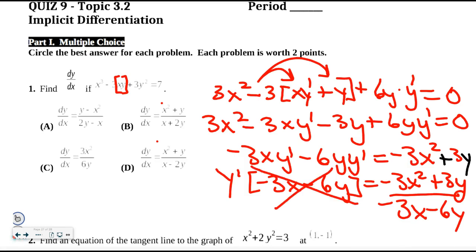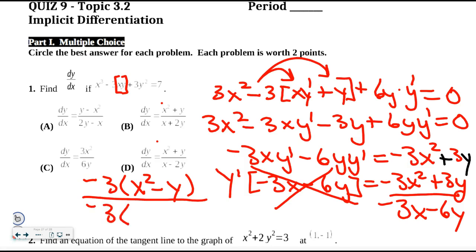Okay. Now on the top, I'm going to factor out a negative 3, and I'll have an x squared minus y. And on the bottom, I think I'll also factor out a negative 3, and I'll have an x plus 2y. How am I doing? Good? Gone?